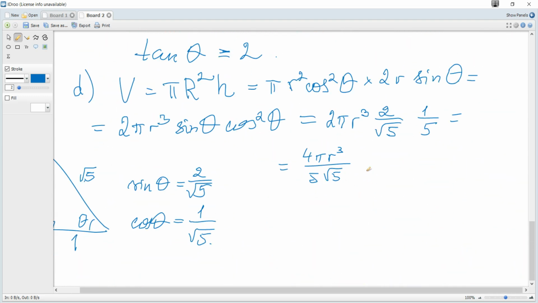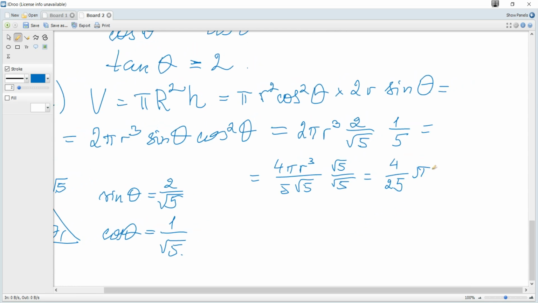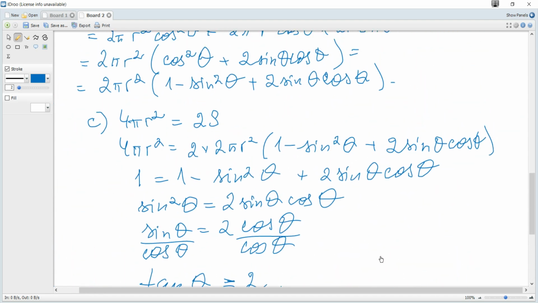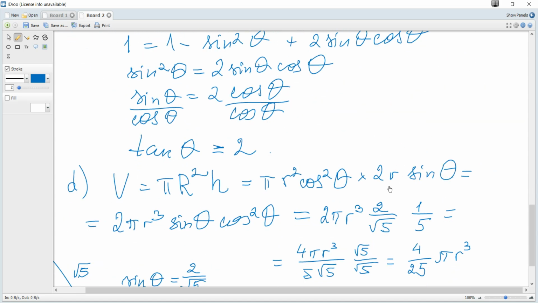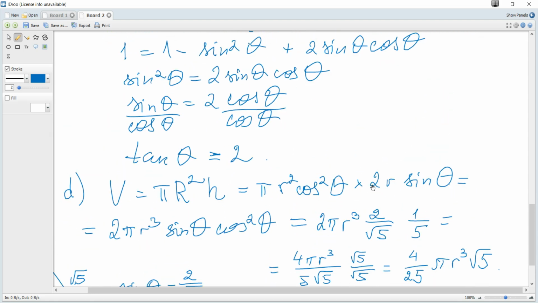We can just multiply by root 5 over root 5, hence it becomes 4 root 5 over 25, so 4 over 25 pi r cubed multiplied by root 5, and the fraction is a positive rational.